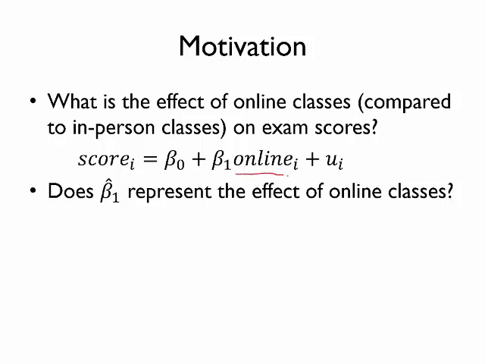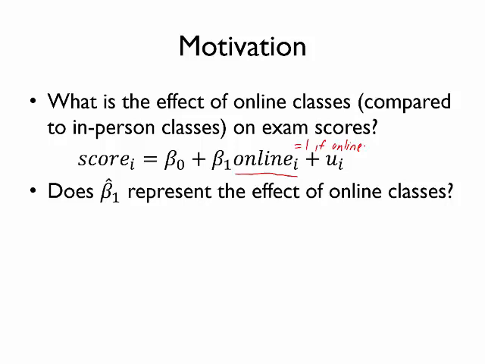This online variable is a dummy variable, equal to 1 if the class was online and 0 otherwise. One question we might ask is whether beta 1 hat, the estimate of the online coefficient, represents the effect of online classes.